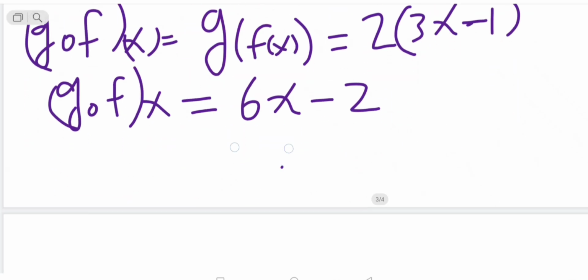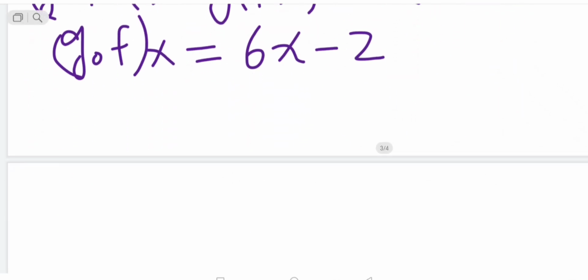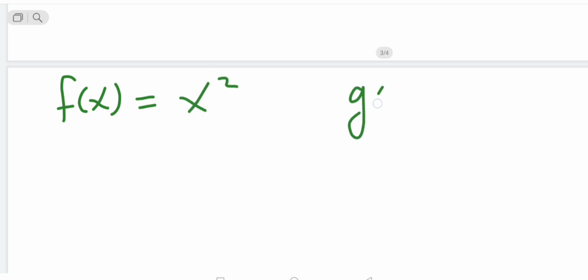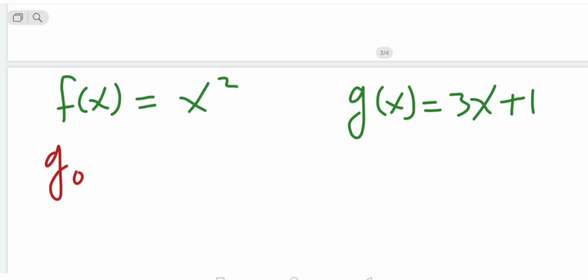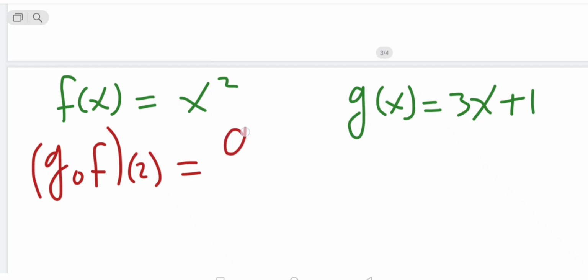We can also evaluate the composite function. For example, they gave you the function f of x equals x square and g of x equals 3x plus 1. Okay, what will we do? The question is g o f of 2. It means g of f of 2.